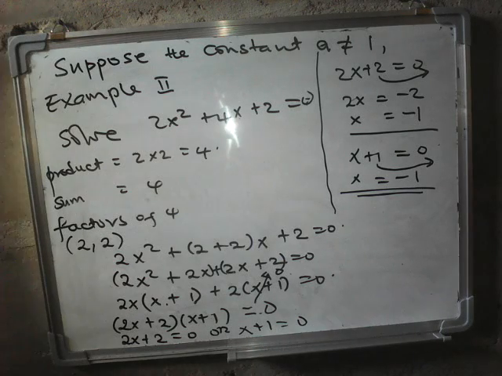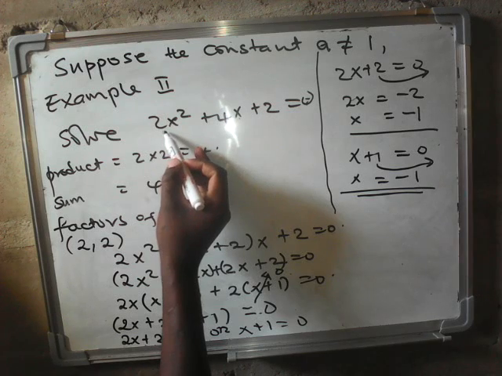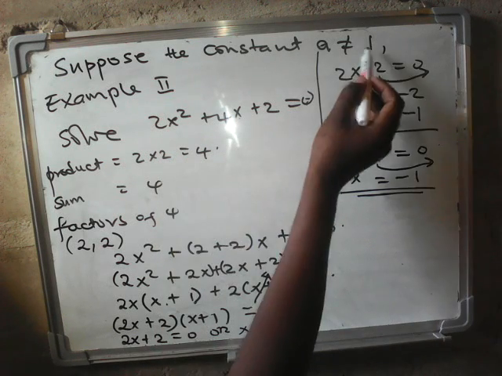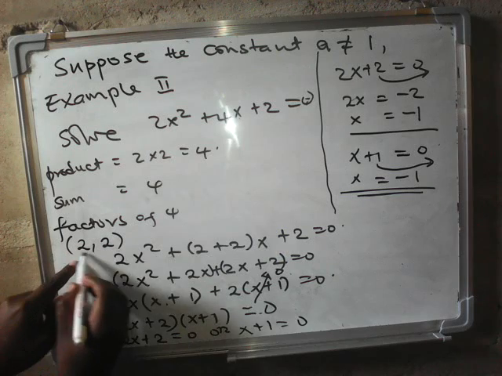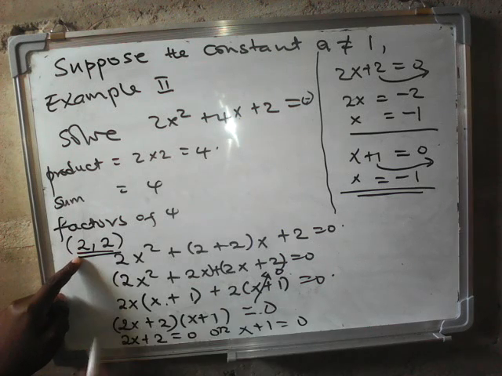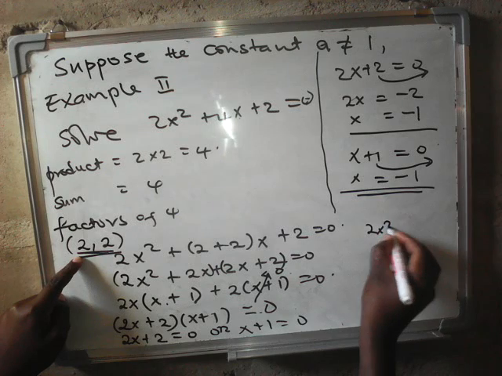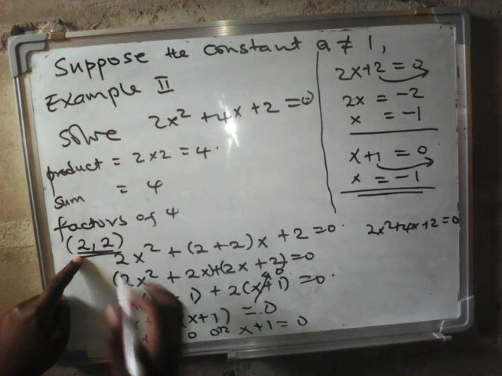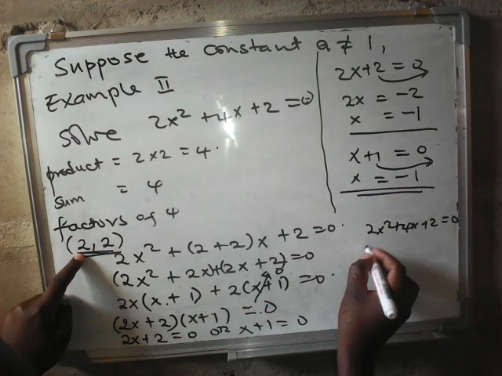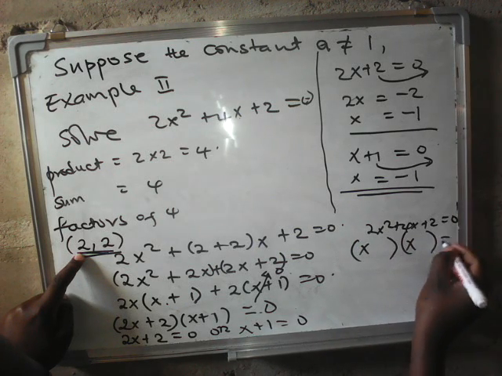Now, this is what I was telling you. For this case, the constant a is not equal to 1. Therefore, if you get these two values here, let me say this is 2x squared plus 4x plus 2 is equal to 0, and I get these two values, I say this is my first bracket, and this is my second bracket is equal to 0.